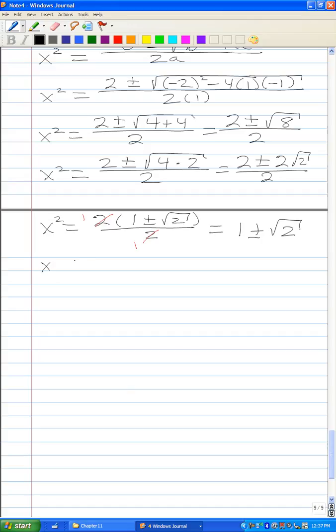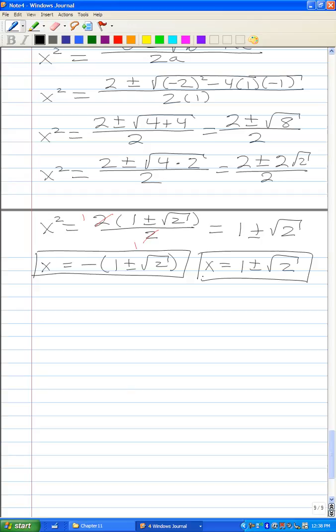Therefore, x is equal to positive or negative the square root of 1 plus or minus rad 2. So you could actually write it as, well, you could put the minus inside, but I'll just leave it this way.